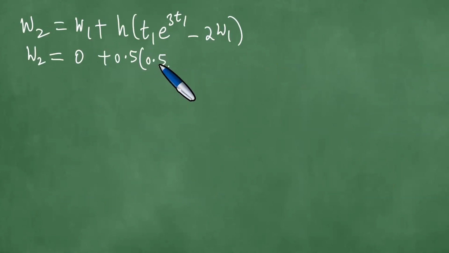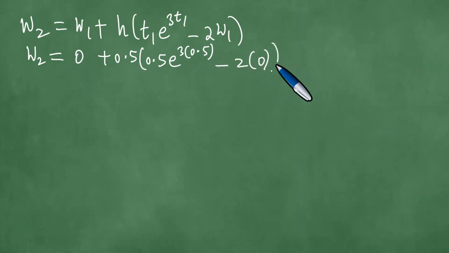So T1 is 0.5, e to the 3 times 0.5, minus 2 times W1, which is exactly 0.